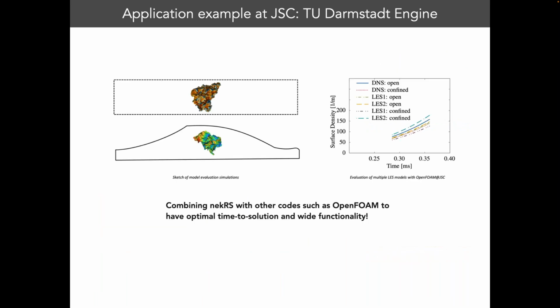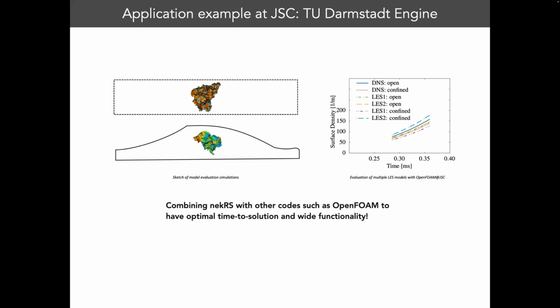So we can run these very big simulations, but I know that for many industrial applications, it's also very important that you can couple your code with other codes. For example, here we have an example with OpenFOAM, because OpenFOAM, even though we probably all agree that it's not an exascale code, has a wide functionality in terms of different models.